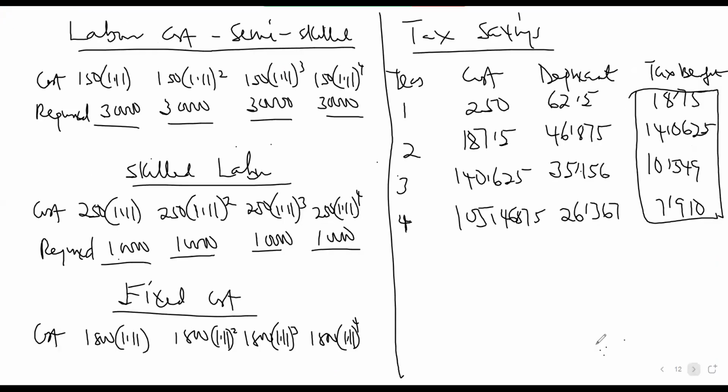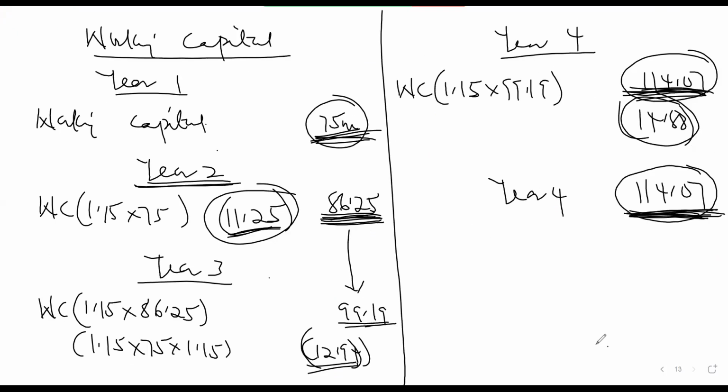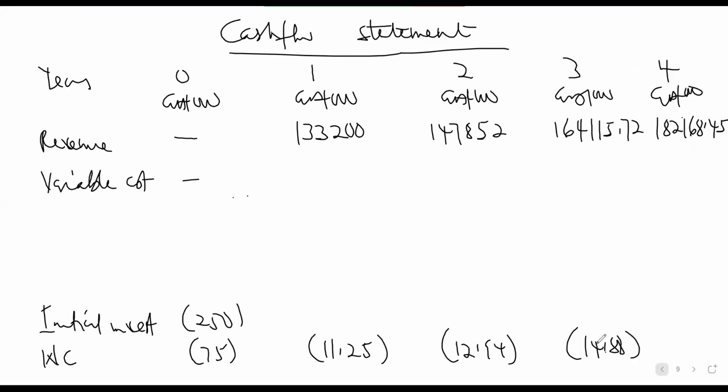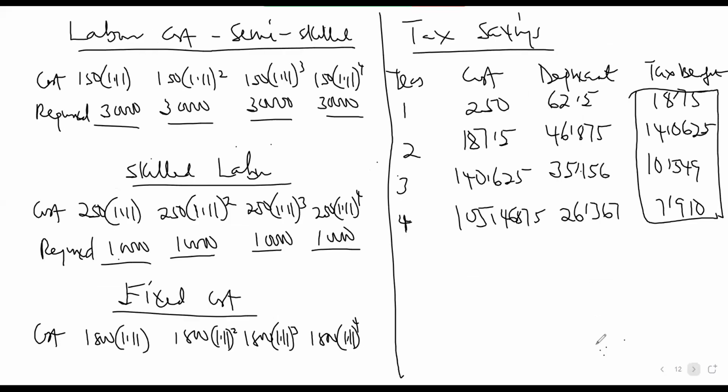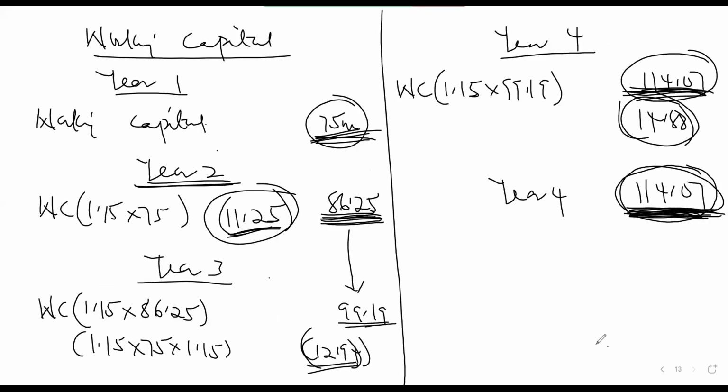Yes. If you come to year 4, you should be recouping all the total working capital that you have put in the project, which is the sum of all these things, at year 4, which is the total of this. But they are saying that only 60% of that will be recouped.